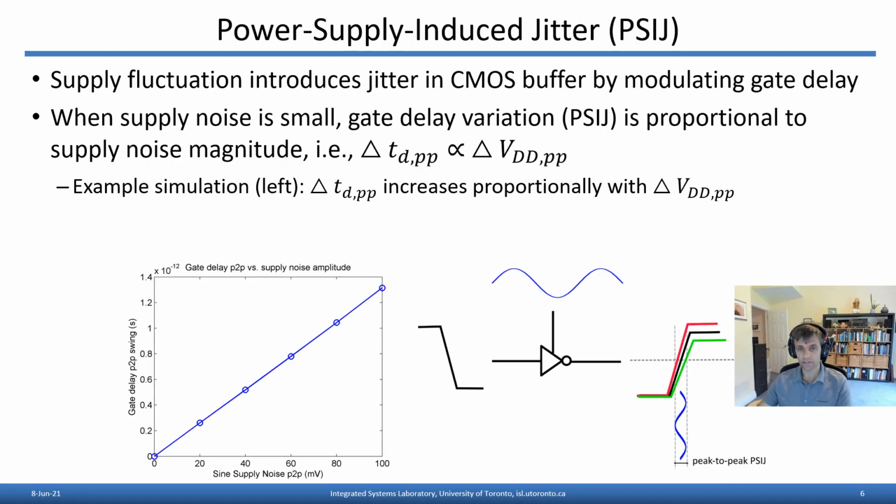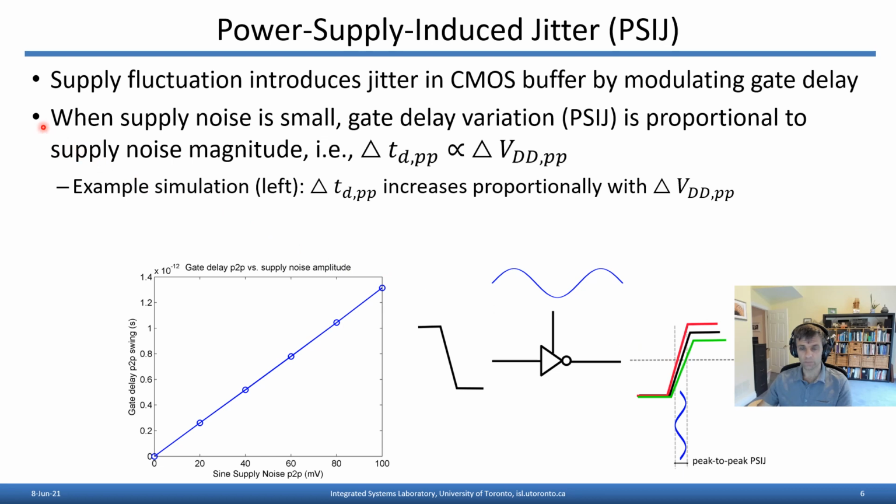As we just mentioned, supply fluctuations introduce jitter in CMOS inverter buffers by modulating gate delay. That's illustrated here in this cartoon. As the supply comes down, we have a slower rise time, and therefore we see some extra delay introduced. And if the supply is moving back and forth, as illustrated here, then that's going to show up as jitter.